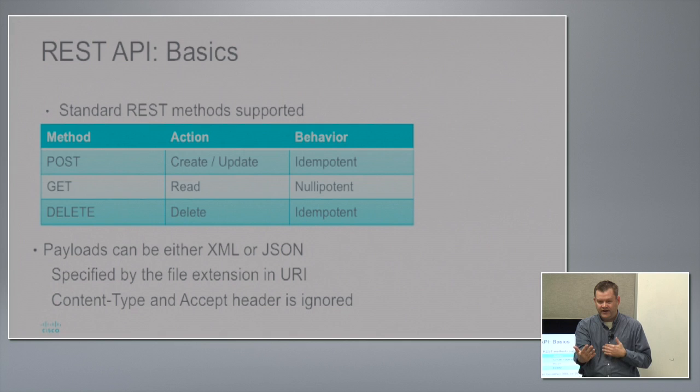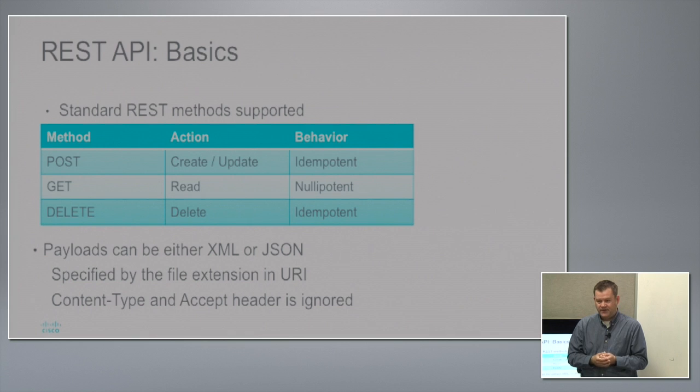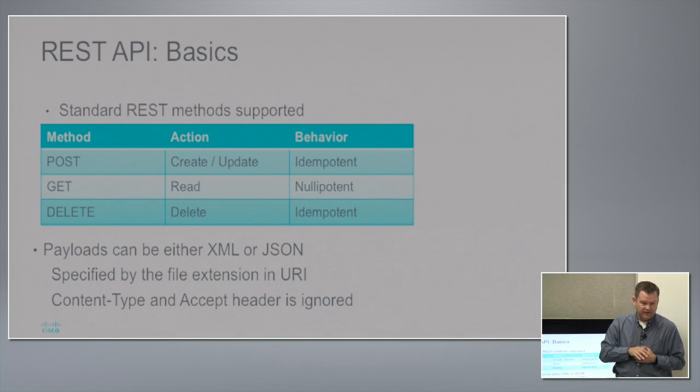If it's already been created, doing the same operation again and again is essentially a no-op, right? Which becomes very useful when you're writing scripts. You can write something very simply, push it to the APIC, and not worry about, if I push it again, am I going to create n versions of this thing? I can just run it over and over and ensure that I push that config.